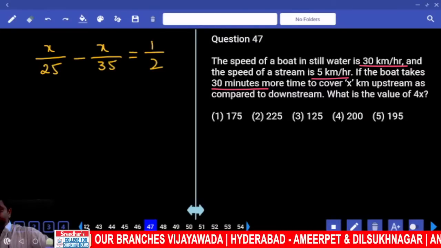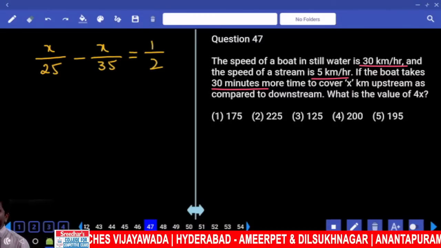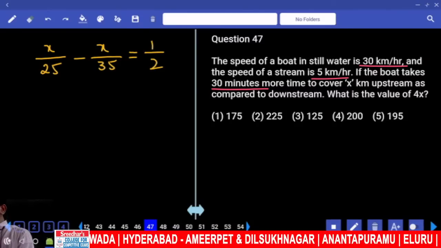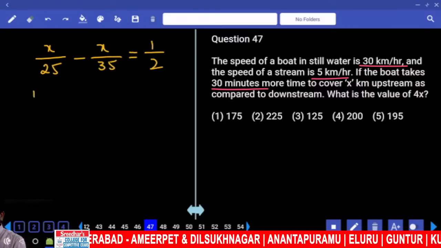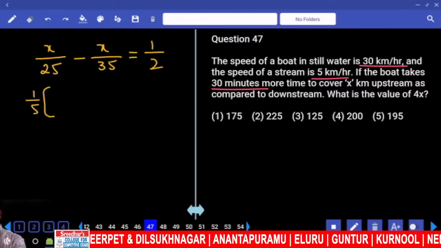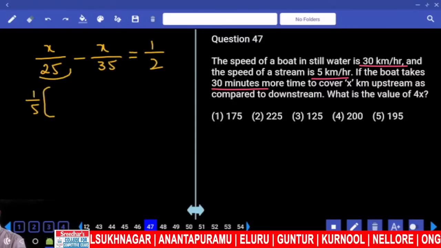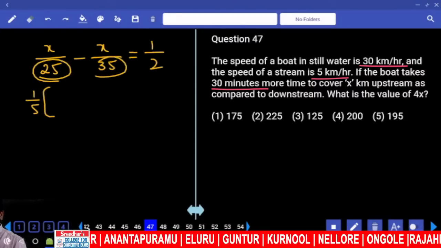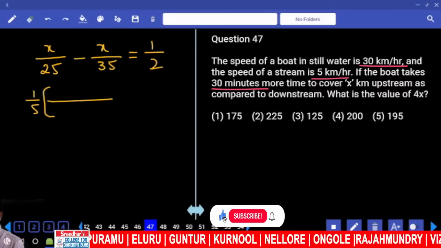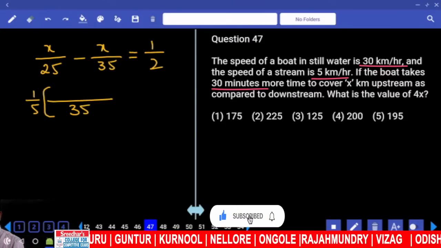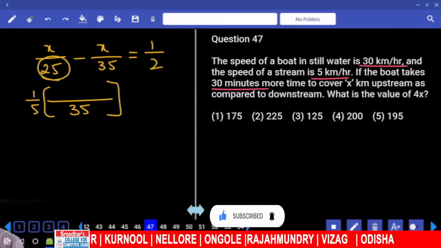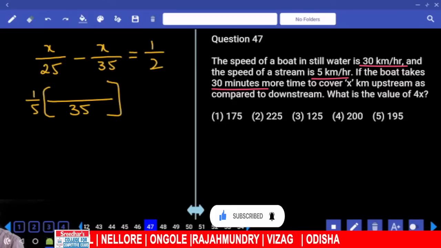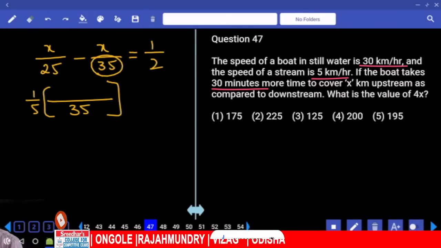Is it okay? Left hand side denominators, 5 multiples are there. Let me take that 5 common, 1 by 5. What is left here? Here, 5 and 7 LCM, 35. What was here? How many times? 7 times. What was here? 5. 7.